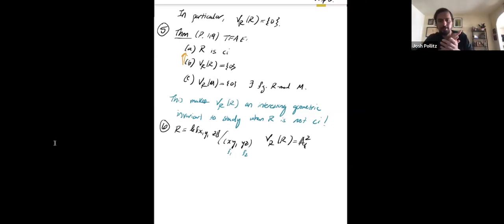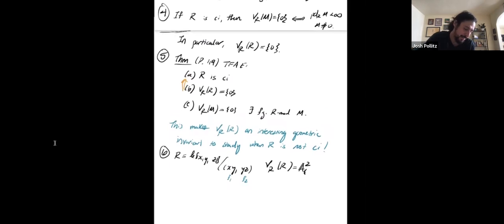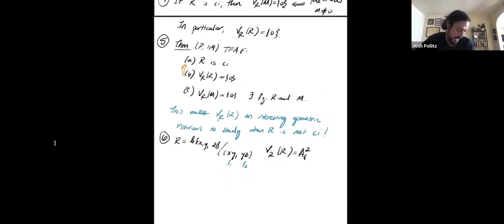So this theorem above is failing in the worst way possible. The variety is as large as possible for this ring, and this is an example of what's called a Golod ring. For all Golod rings, you'll have this behavior where the variety is as large as possible. Maybe come back to this also later.